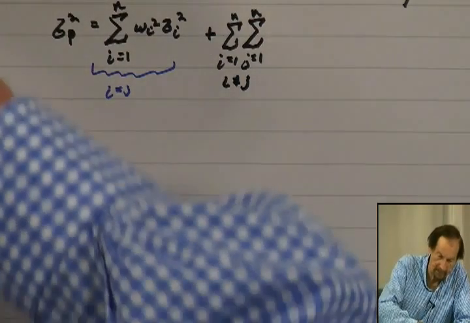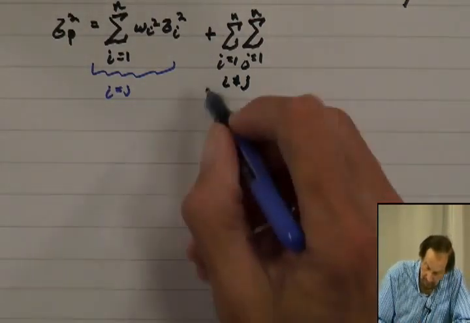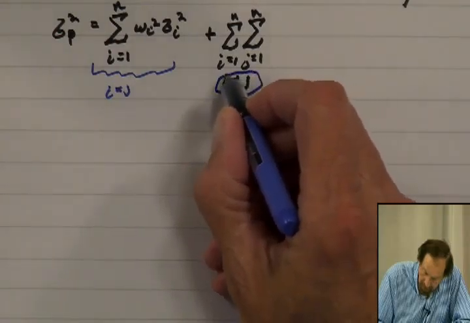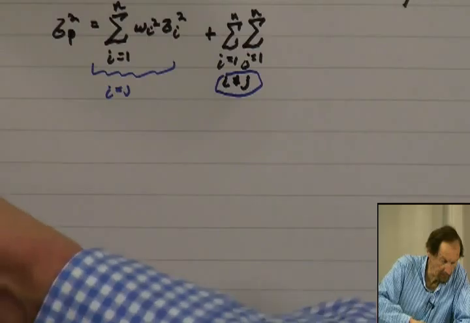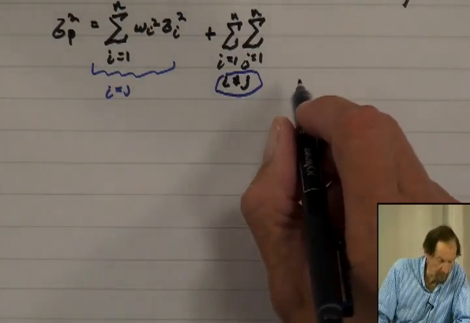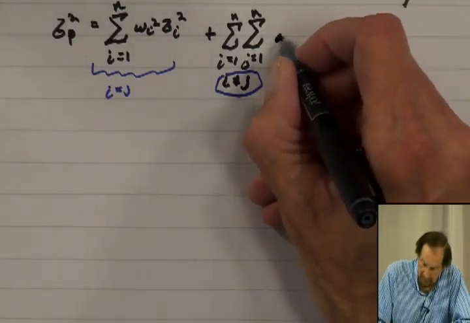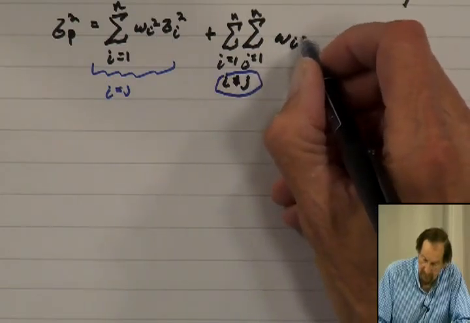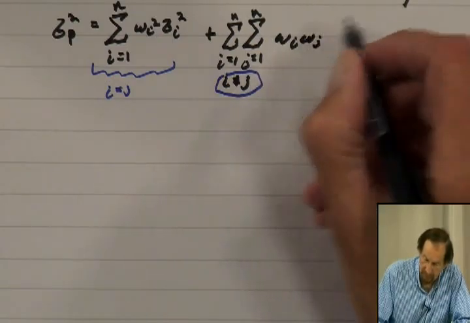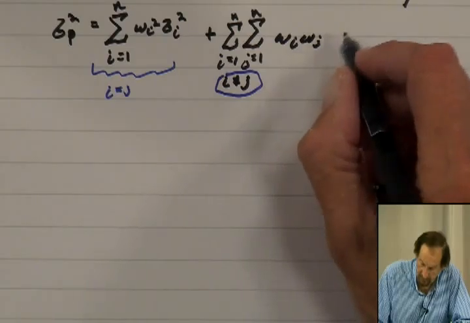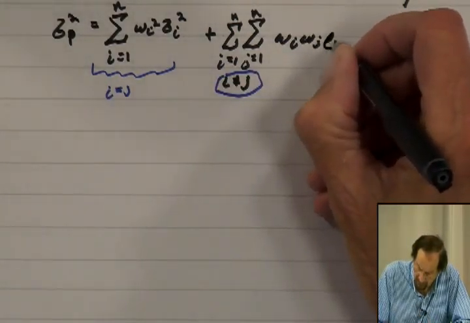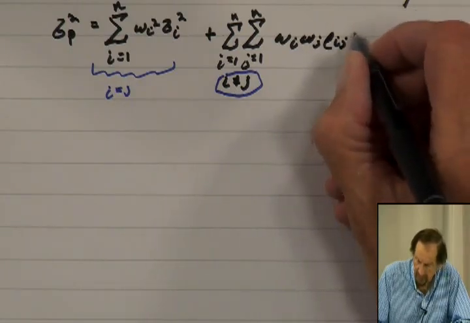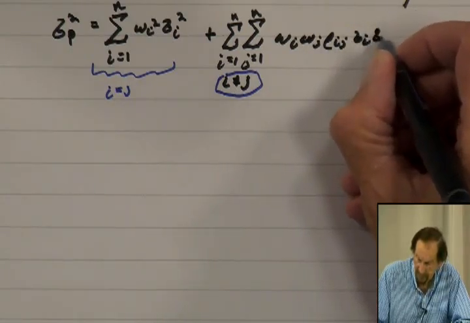So when i is not equal to j, we get some covariance terms: w_i, w_j, rho ij, sigma_i, sigma_j.